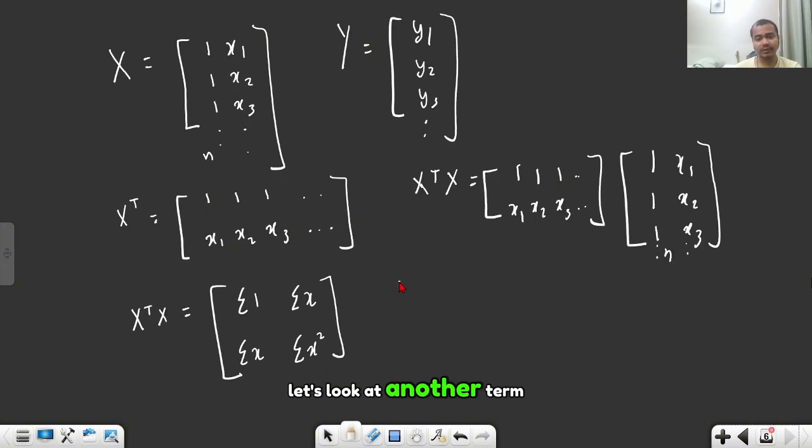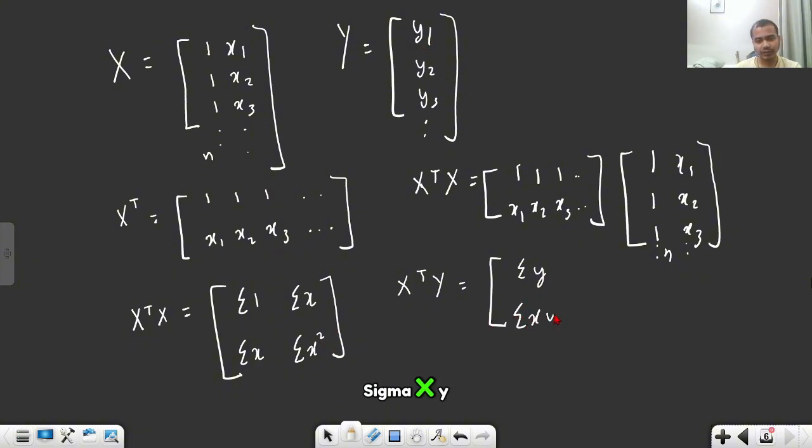Let's look at another term, x transpose y, which is this term into this y. So what do we have? 1 into y1, 1 into y2, 1 into y3. Can we just say sigma y? Yep. x1 y1, x2 y2, x3 y3. Can we tell sigma xy? Yep.